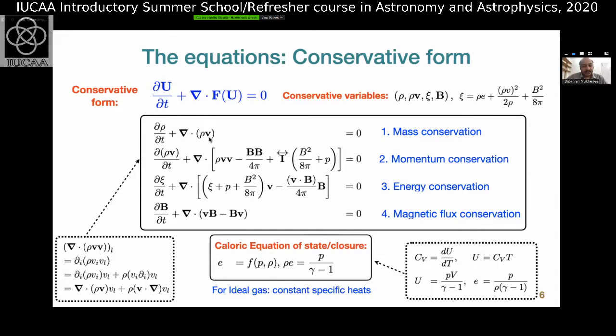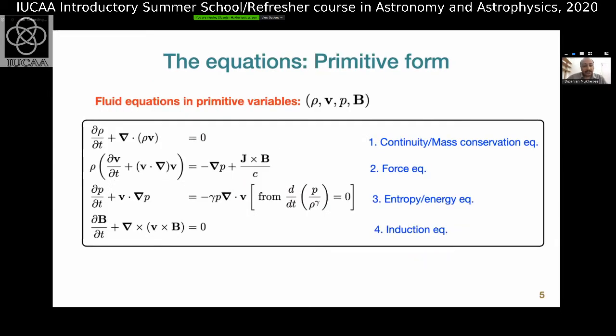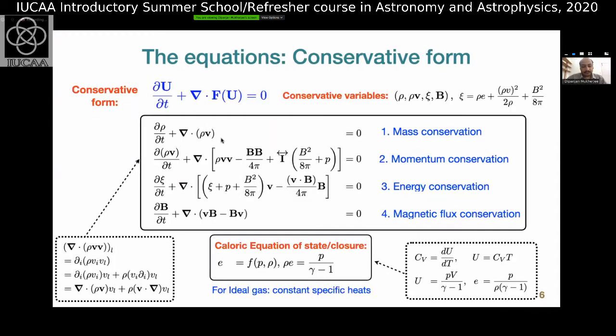The divergence of a tensor is a vector, and if you write it out in components and do some simple math, you'll find that you recover the terms: the divergence of rho VV gives you V times the divergence of rho V plus rho V dot del V, and the divergence of rho V gives you this quantity. And so you will see that you recover the left hand side of this equation. So it's all consistent. So this is the momentum equation.